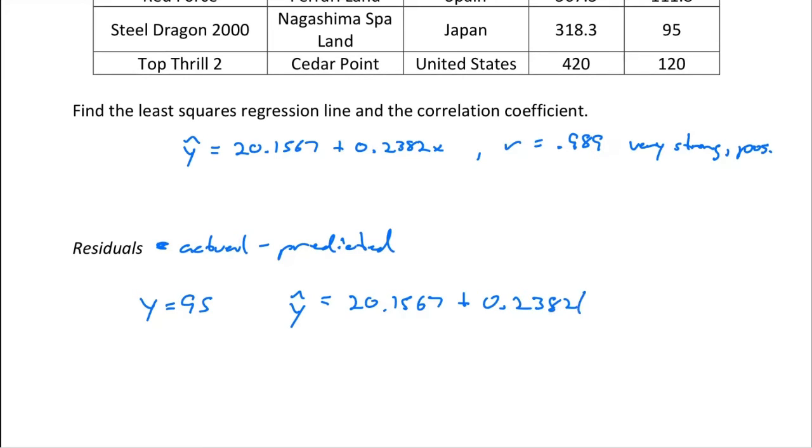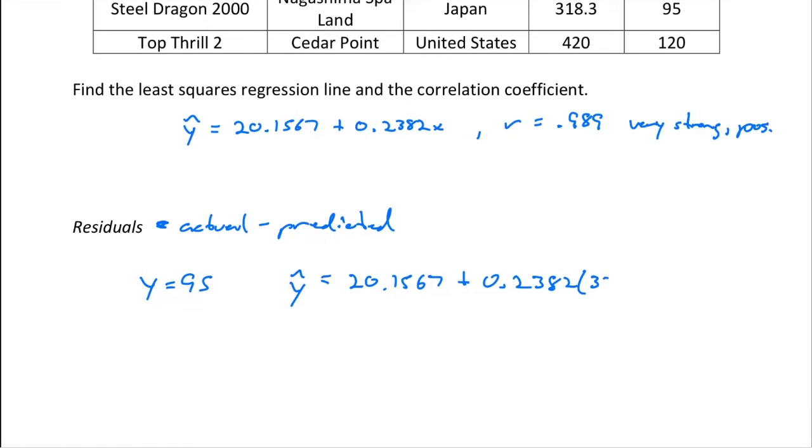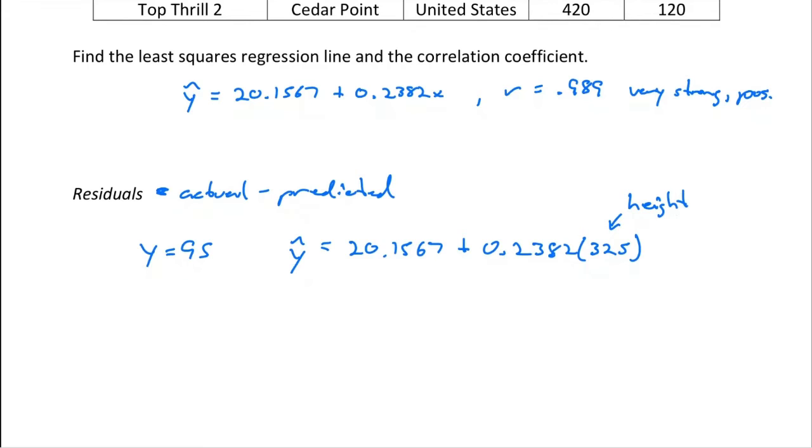Let's try that again. What was the height? 325. When I plug in the height, that's going to give me the predicted top speed for this roller coaster.